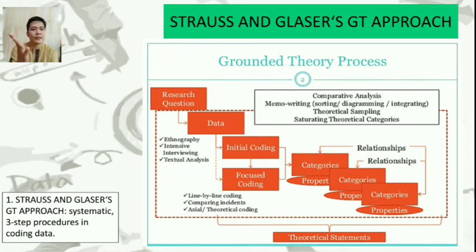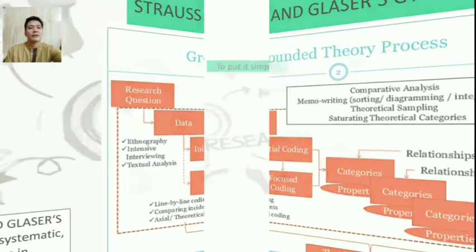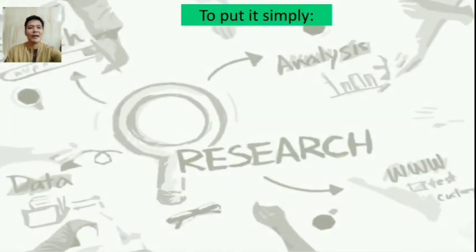So from those categories, you now build relationships between one category to another. And then once you do all this, you now have your theoretical statement or your theory. Medyo complicated to understand. Pero, to put it simply, class, parang ganito yan.